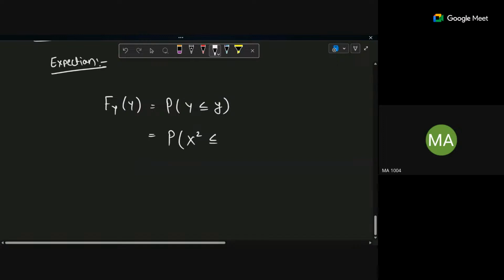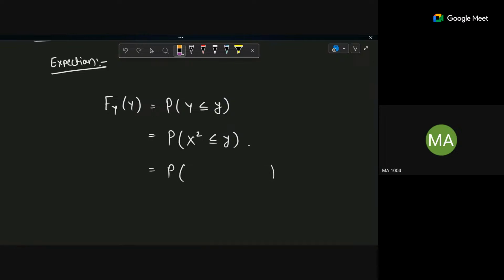So it will be the probability that X square is less than or equal to y, and that is nothing but the probability lying between what? If I write it not this way, you can directly write it as X less than or equal to square root y, right? Is it fine? Yeah, ma'am.